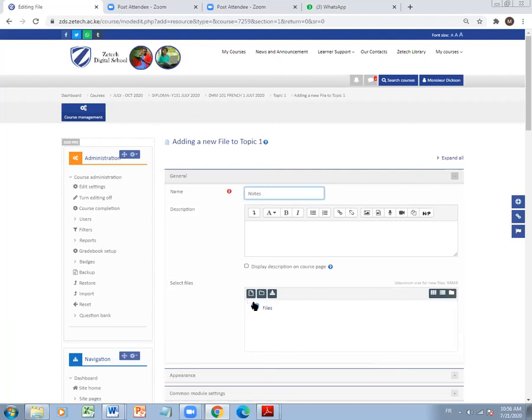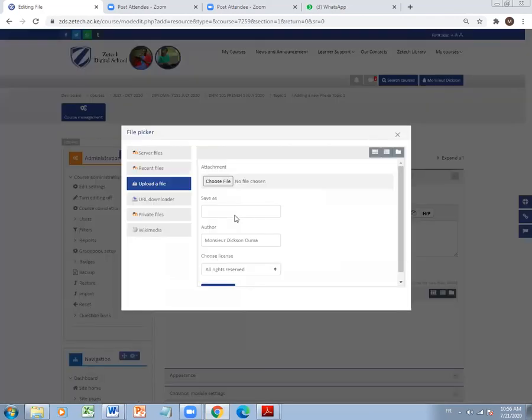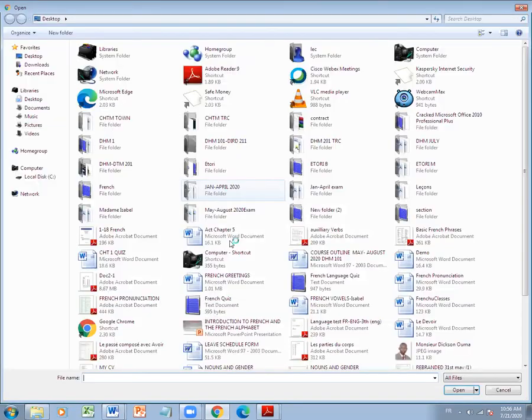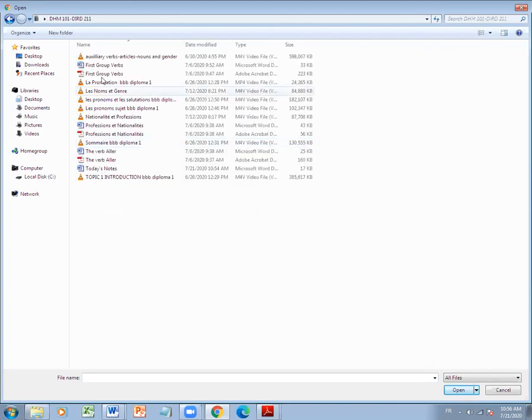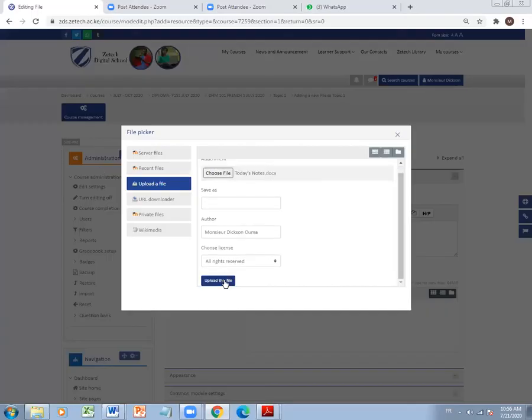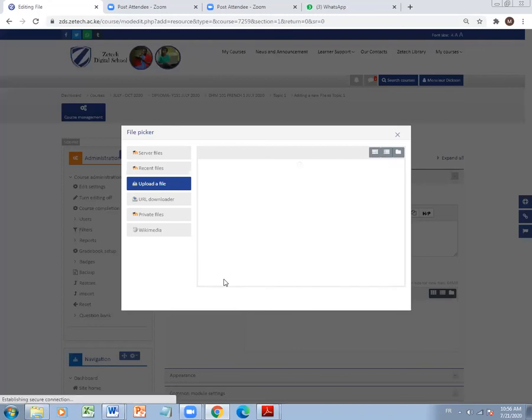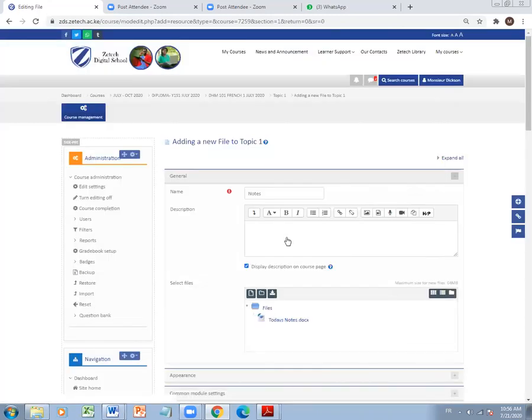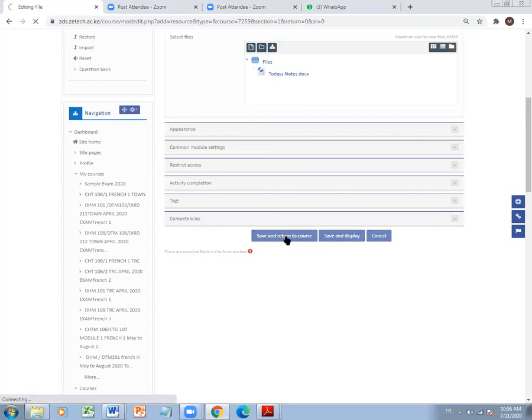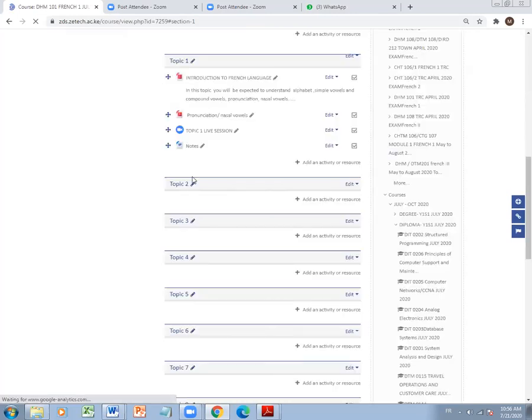Here, today's notes, something like that. So it is done. You'll find those notes there, in terms of a Word file.